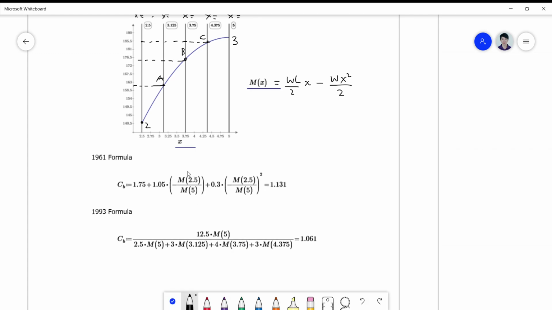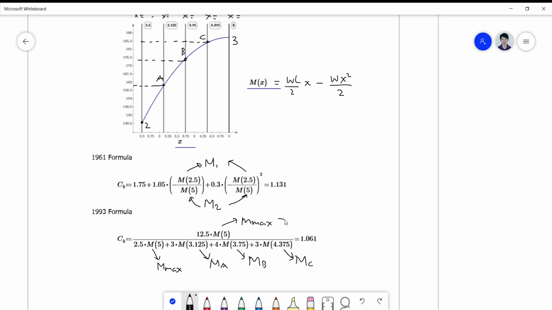Substitute for this now your M1, okay, and this is now your M2, and this is your M max, this is your MA, this is your MB, and this is your MC.